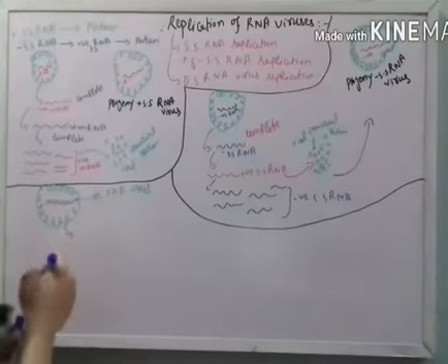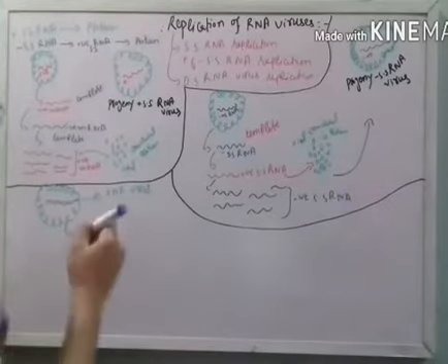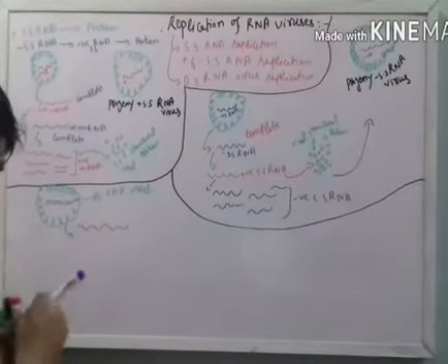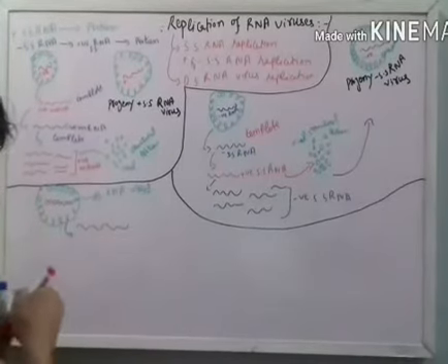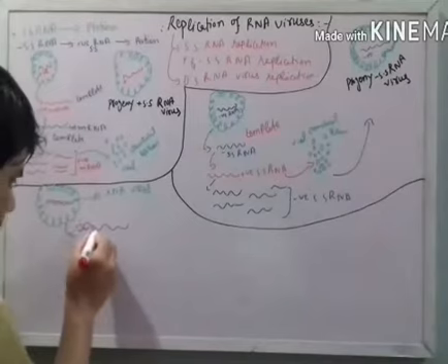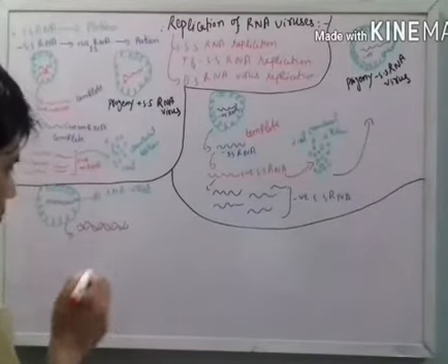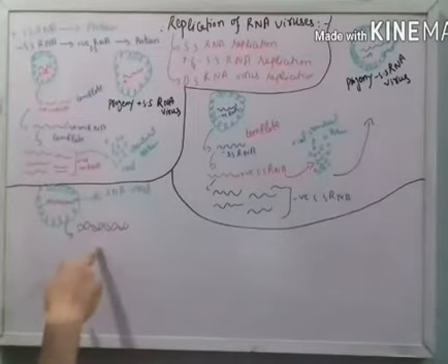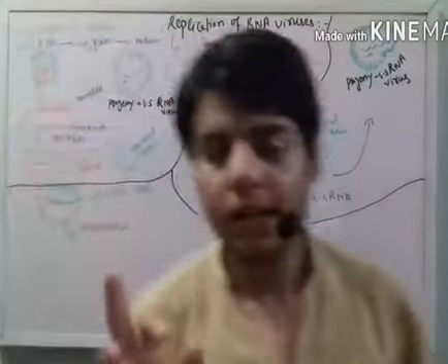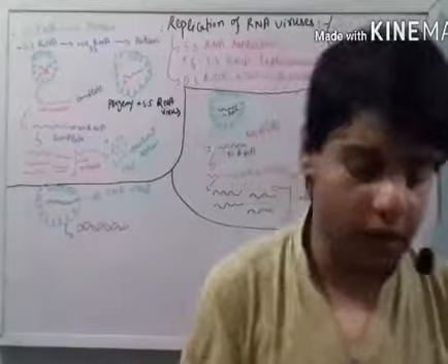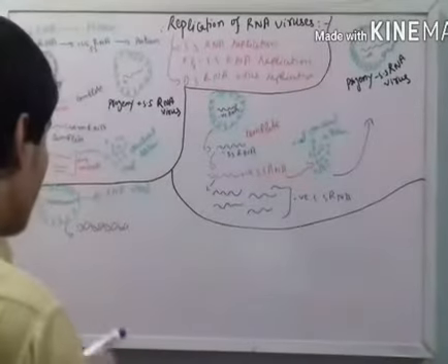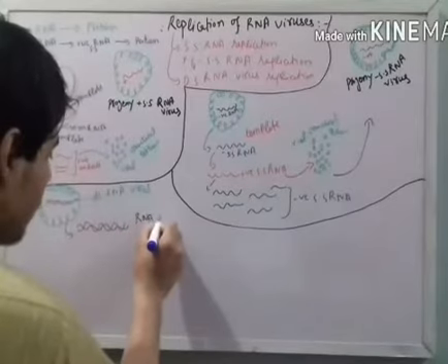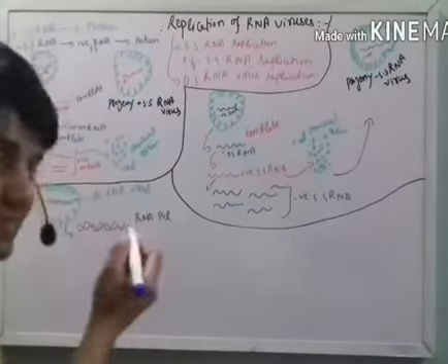They release their genetic material, meaning they release their double-stranded RNA. Now this double-stranded RNA will release positive mRNA by using the RNA polymerase enzyme.